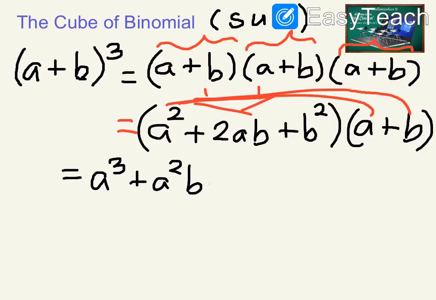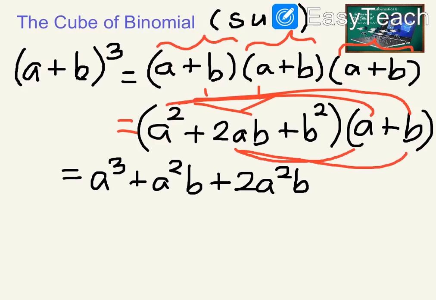After that, we are done with the first term. Of course, we multiply the second term of our trinomial. So 2ab times a, we will have plus 2a squared b: 2a times a gives a squared, and you append the b, because the other quantity has no b. Next, you multiply 2ab times b.